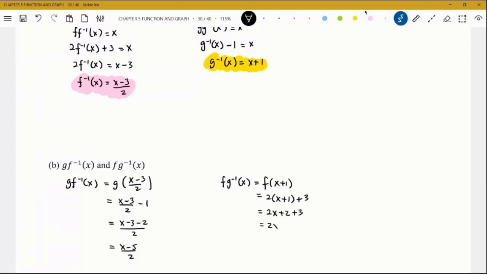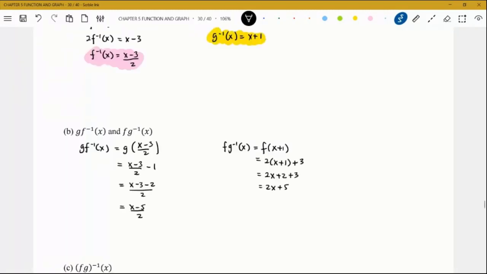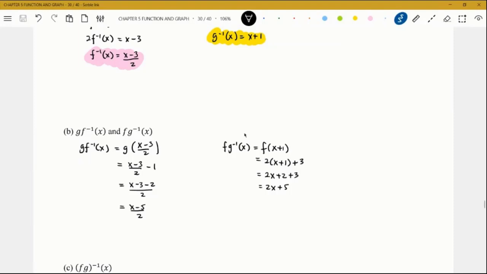So we can have 2X plus 5. Okay, that one for part A and part B.